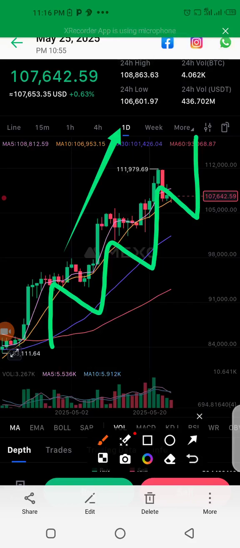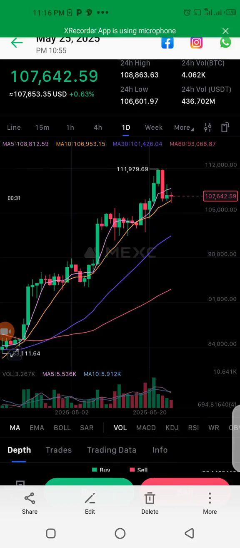Okay, so next let's go to the weekly candlestick. Now the weekly time frame is basically where you plot your key levels, major areas of support and resistance. Now do not plot them on a 1 hour, 30 minutes or even 15 minutes time frame, because their support and resistance levels do not hold in the long run. Do you understand?